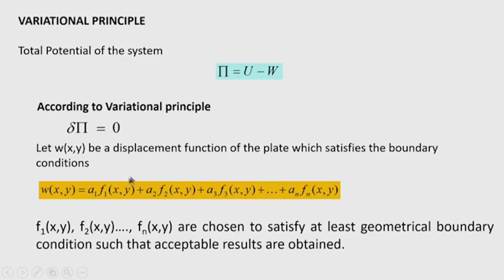So, we assume that W(x,y) equal to A1 F1(x,y) plus A2 F2(x,y) plus A3 F3(x,y), in general An Fn(x,y). So, these are the terms that are taken to form the deflected series. Now, these coefficients are arbitrary, we do not know the magnitude. Sometimes when only a rough approximation is required, we can take only the first term.